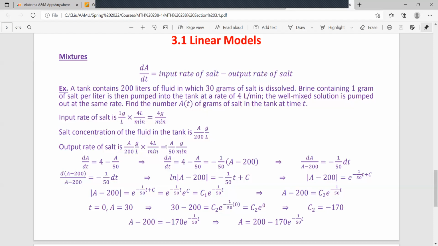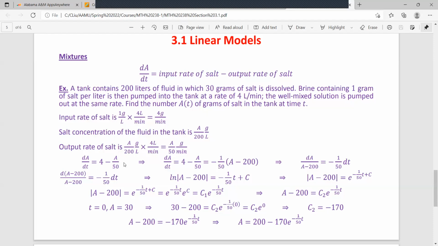In the end, you get A over 50 grams per minute. That's the output rate of pure salt from the tank. Now we have the input rate and the output rate, so we can set up the equation. That would be dA over dt equals 4 minus A over 50. We plug in the input rate and output rate.